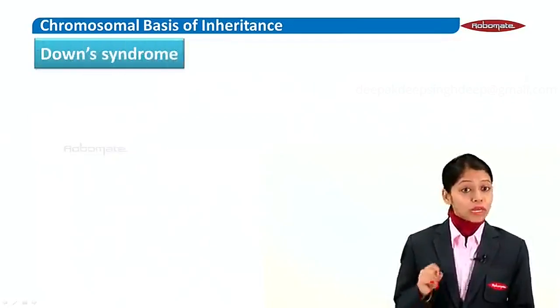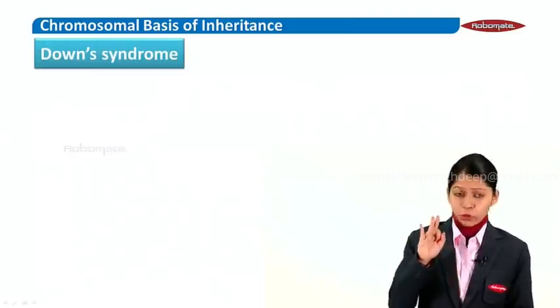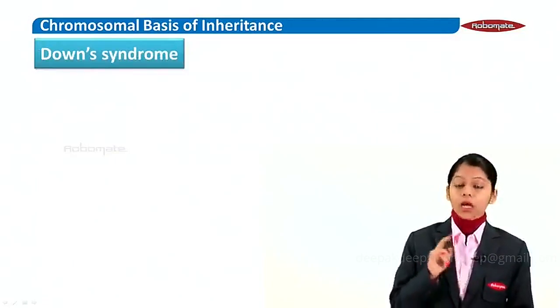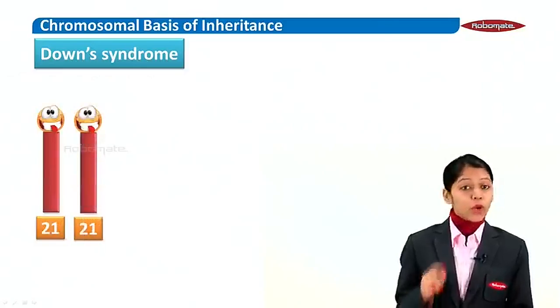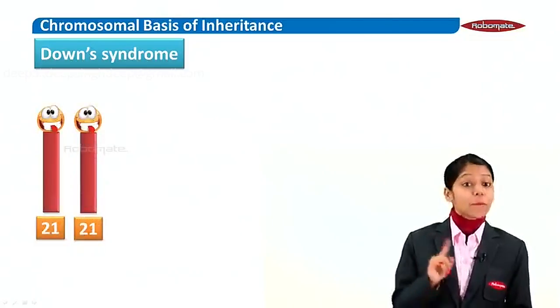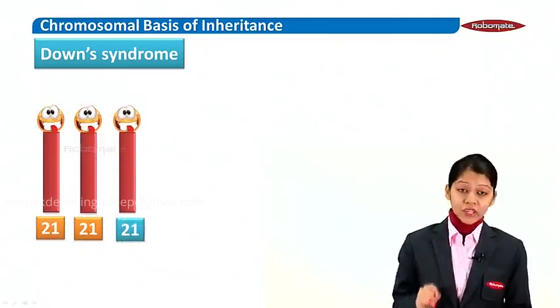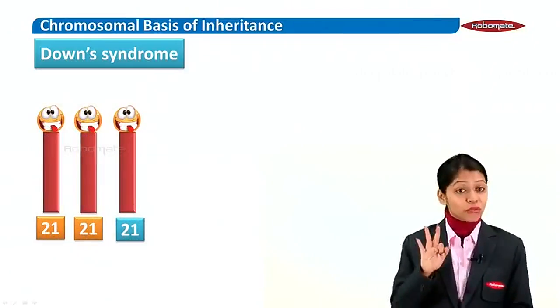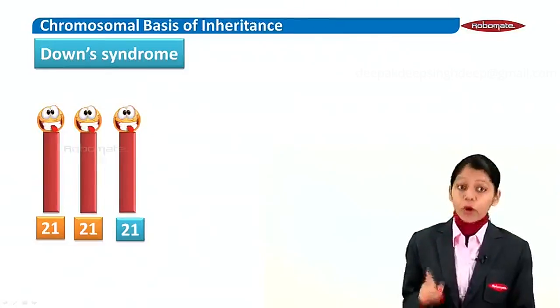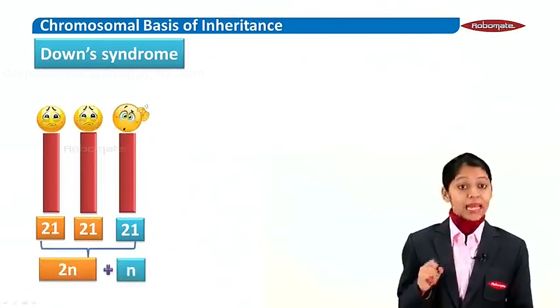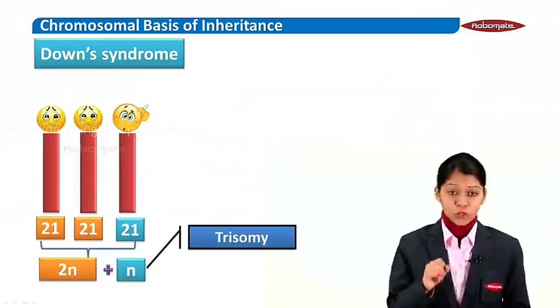In case of Down's syndrome, there are 3 chromosomes of chromosome number 21. In a normal case, you have chromosome 21 in a pair, that is 2n. One additional chromosome makes it a total of 3. So we have 2n plus n. That is a case of trisomy.